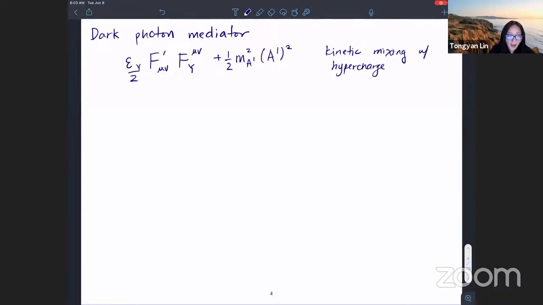And this is something that is very easily generated. This is an epsilon parameter. It's very easily generated if you have some heavy particles, just call them F, and they might be charged under both the new U(1) and the existing U(1). And so through this kind of loop diagram, you'll typically get small numbers. And so you can easily get some sort of small number for this epsilon, this kinetic mixing here.